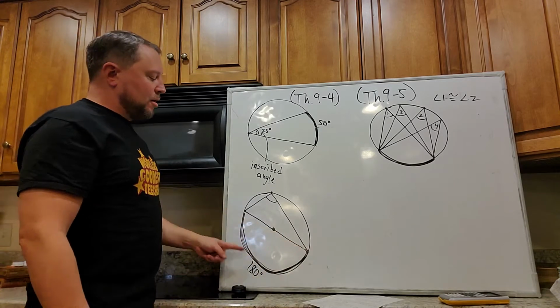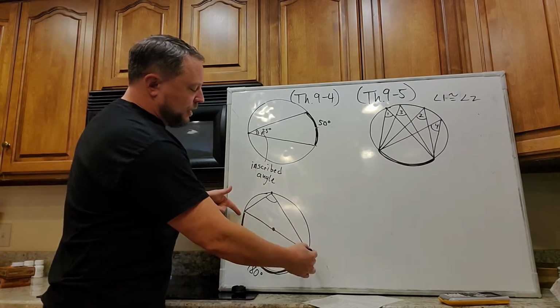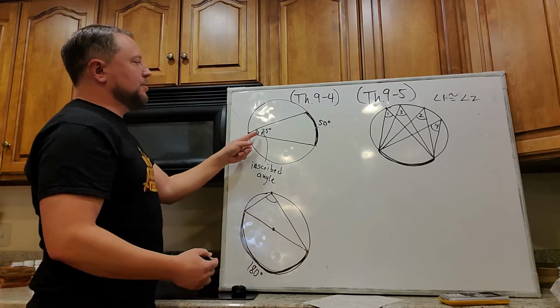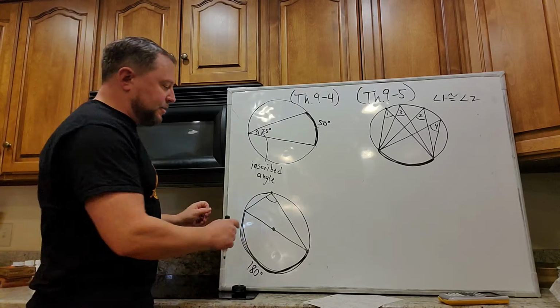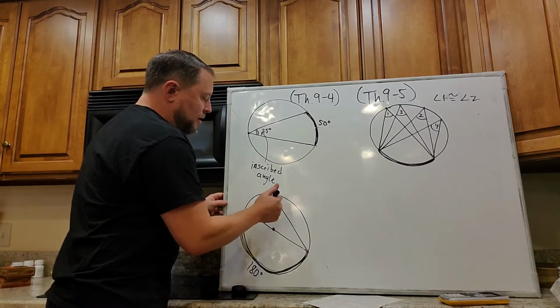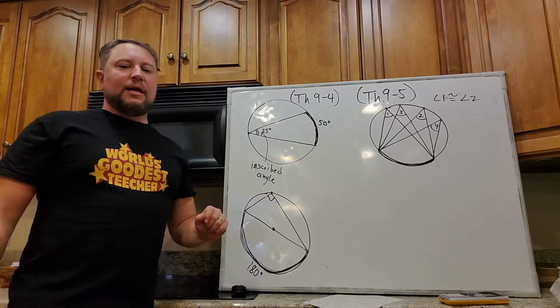And if the arc is 180, then any inscribed angle that hits that arc, according to our theorem 9.4, should be half, and half of 180 is 90 degrees.